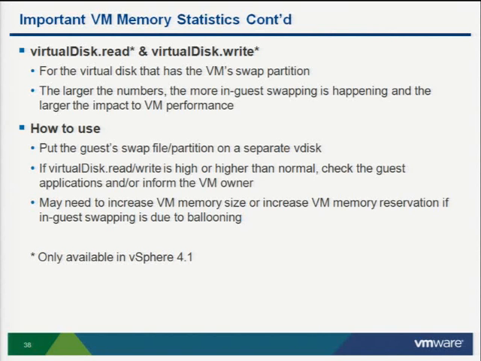That way, any activity that happens to that swap file will show up as I/O under virtualdisk.read and write. Thus, you can use these counters to monitor how much in-guest swapping is happening. And again, the idea here is you have to configure your guest to have its swap file or swap partition on a separate vdisk, and then these counters will just work for you.